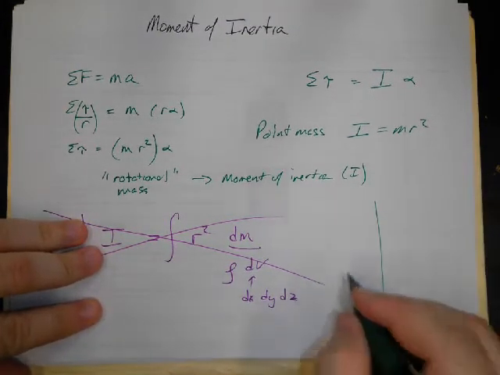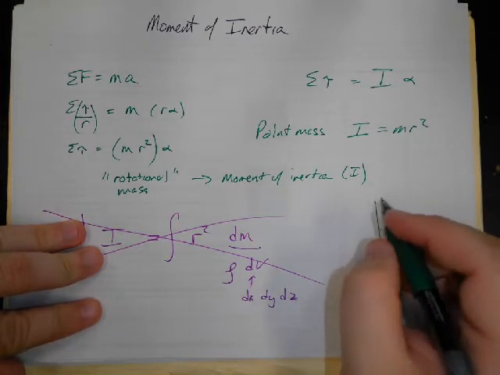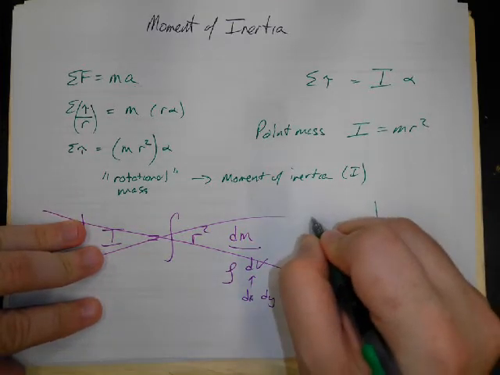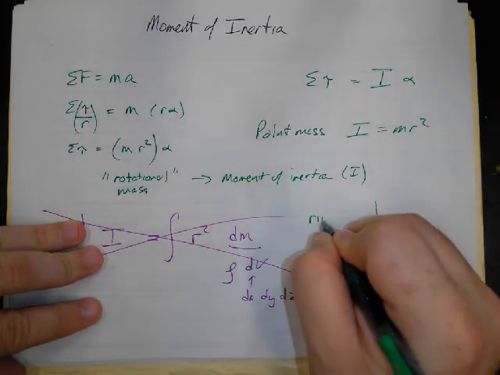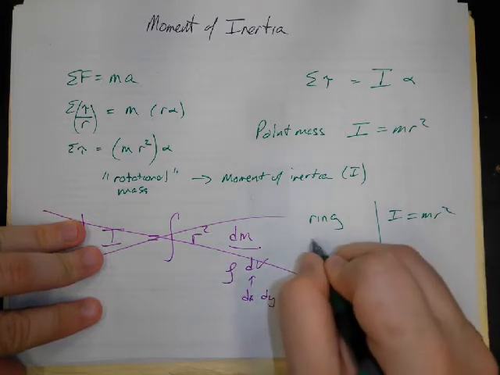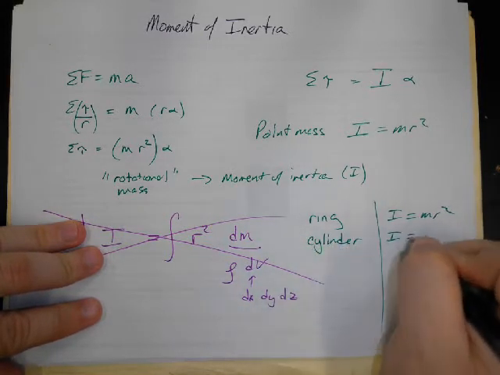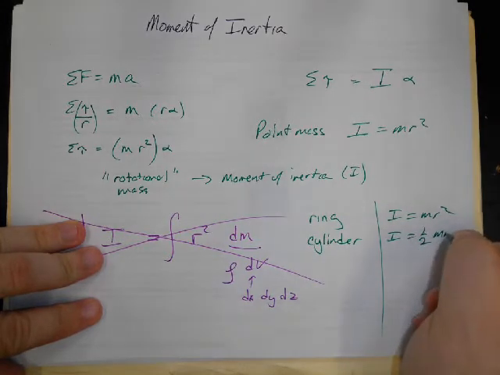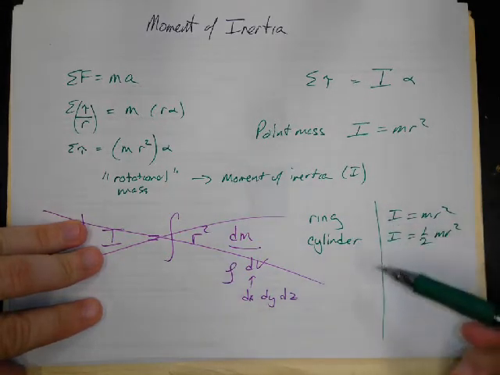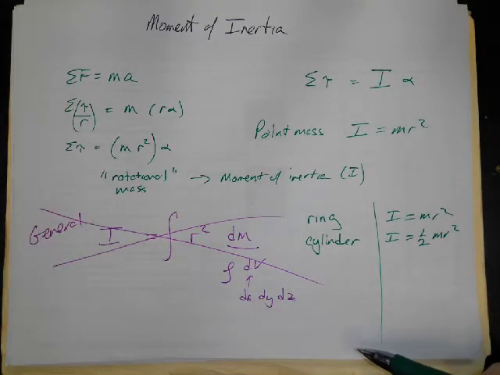Instead, there's a set of charts you can see in your textbook. For a ring, I is mr squared. For a cylinder, I is 1/2 mr squared. And there'll be a bunch of these. I'm going to pause the video so I can show you that chart in a second.